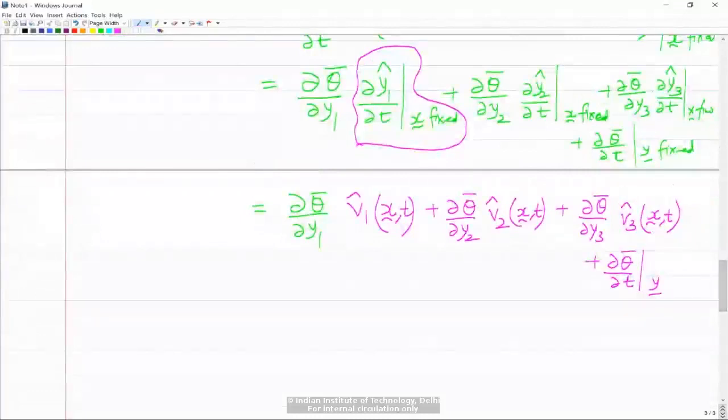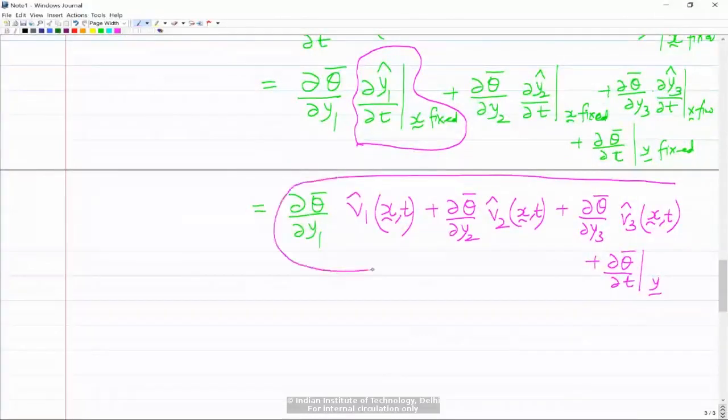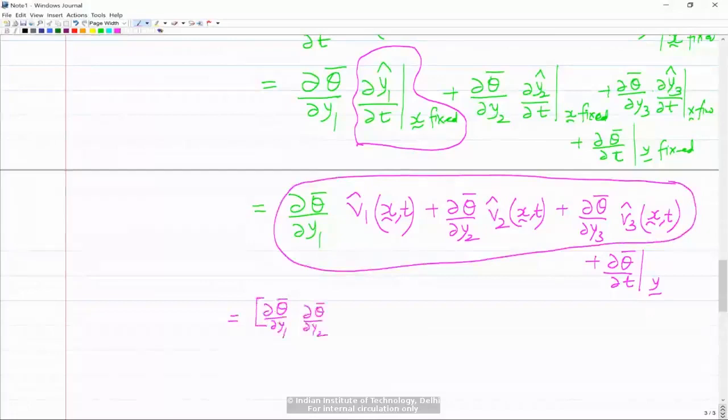Okay. Now, what can we say about the first three terms? Can we write this as follows: del theta bar by del y1, del theta bar by del y2, del theta bar by del y3, multiplied with v1 hat, v2 hat, and v3 hat.